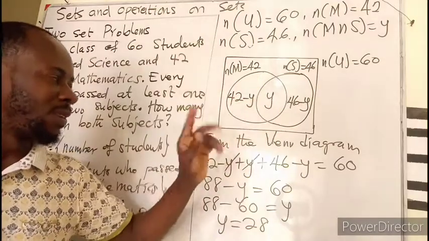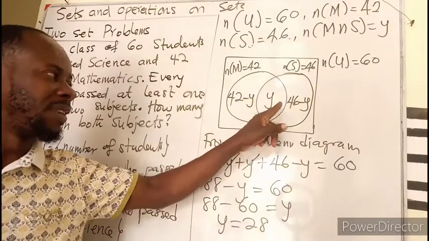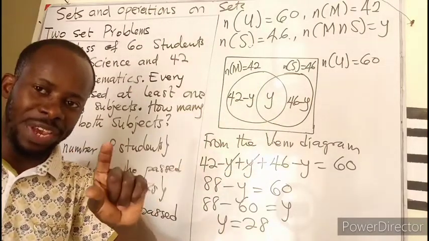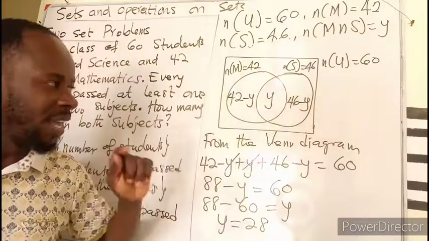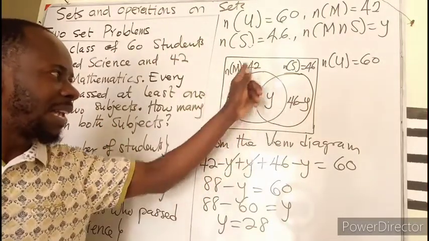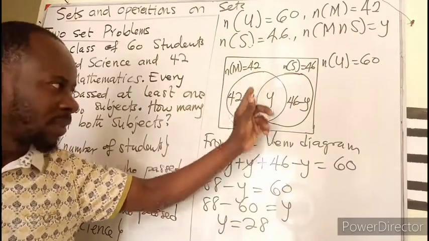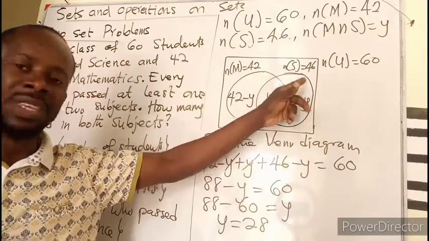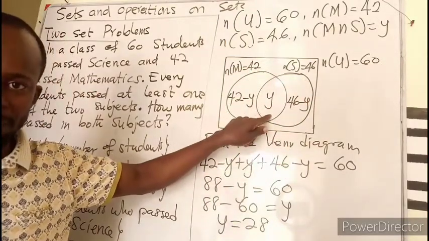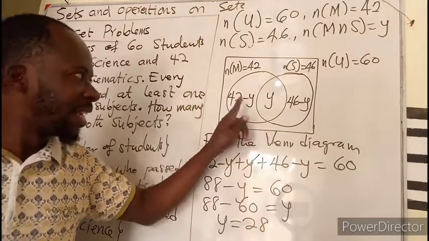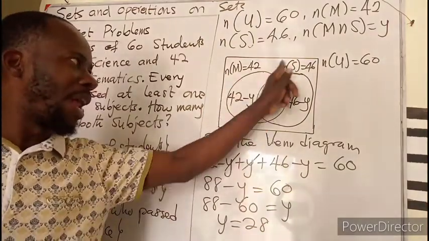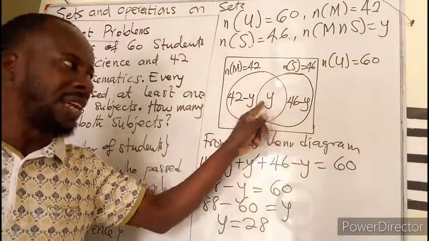Now, per this, we add this. Don't forget, we have the first formula which says that the whole of this region plus the whole of this region minus the intersection. You remember that formula? Number of A plus number of B minus the intersection.